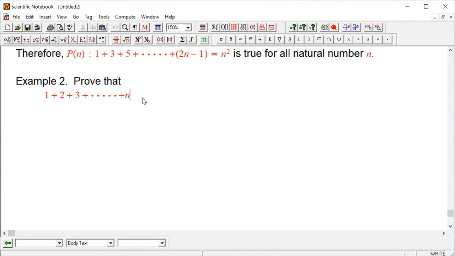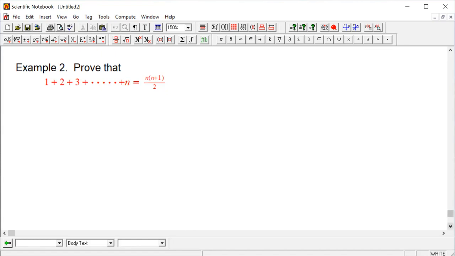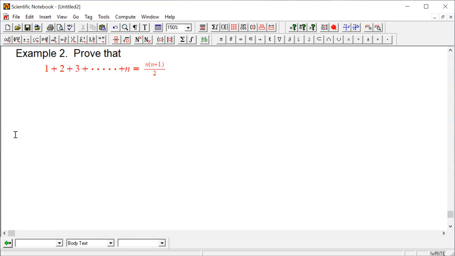The sum of the first n natural numbers is equal to n times n plus 1 divided by 2. Okay, and you're going to use this formula in your calculus 1 class, and we're going to prove it using mathematical induction.